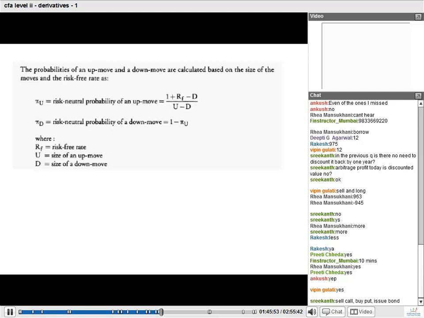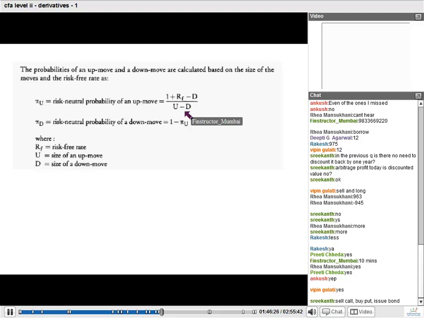The probabilities that were given as 55 and 45% can actually be calculated using this formula. That is, the probability of an up move can be calculated as 1 plus the risk-free rate minus the size of a down move, which is 1 over 1.33, upon 1.33 minus 1 upon 1.33. So these formulae are derived using the assumption of geometric Brownian motion.